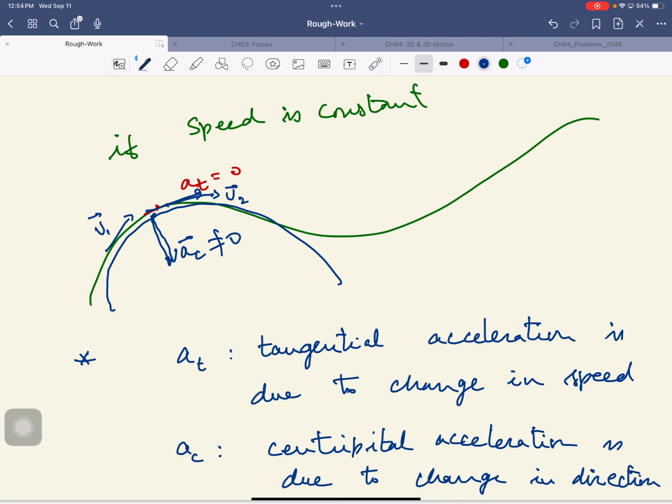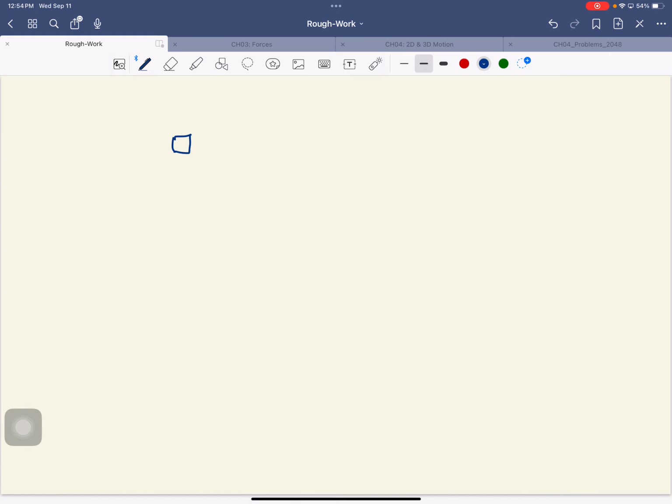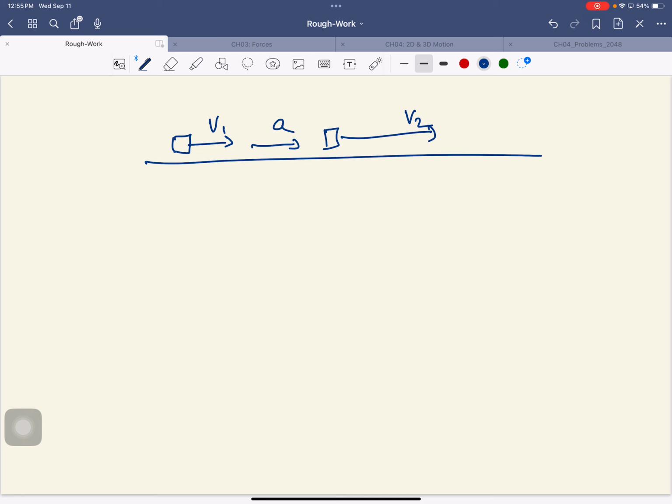You sort of already knew this. When we were doing one-dimensional motion, the only thing that really changed was the magnitude of the velocity, and the acceleration was tangent to the trajectory. So you had seen that already.